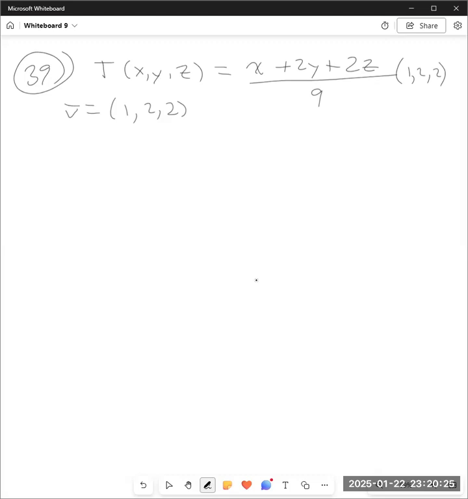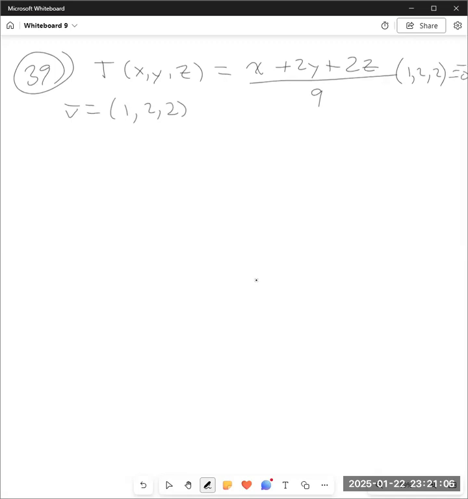And if I want to find the kernel of that, so this is my transformation here, the projection onto the vector v. You can get that formula from Calculus 3 if you have a Calculus 3 textbook. Just look in, I think maybe chapter 13 of the Larson Calculus textbook.